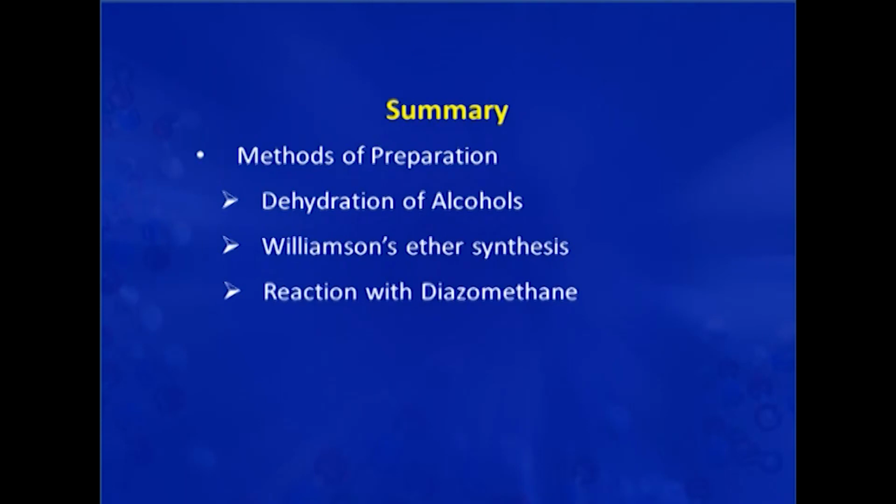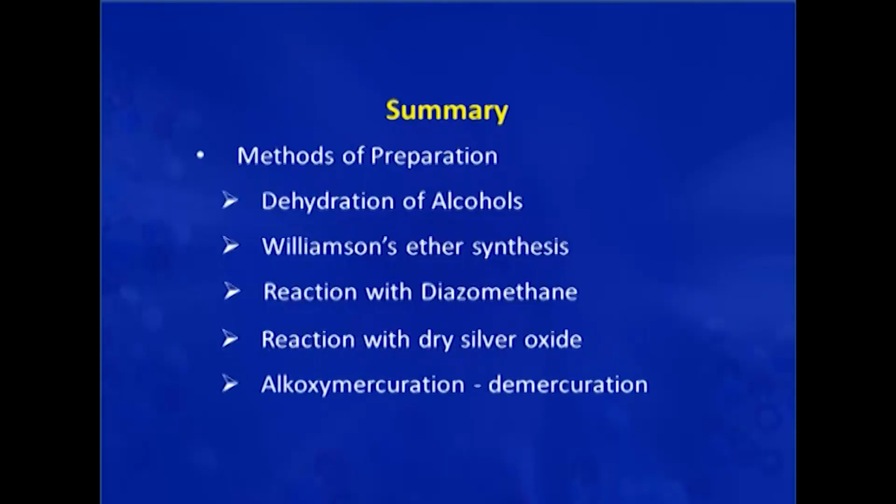In the reaction with diazomethane or silver oxide, we utilize alcohol and alkyl halide. Lastly, we can prepare ethers starting from alkenes by the reaction with alcohols, and the method is called alkoxymercuration demercuration reaction. So, with this we have discussed all methods for the preparation of ethers.